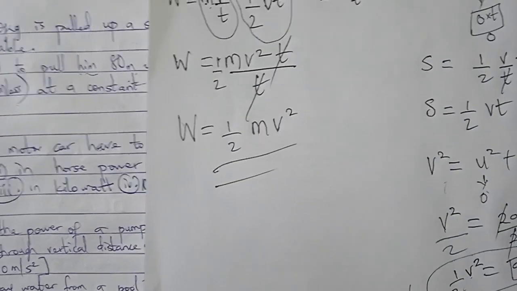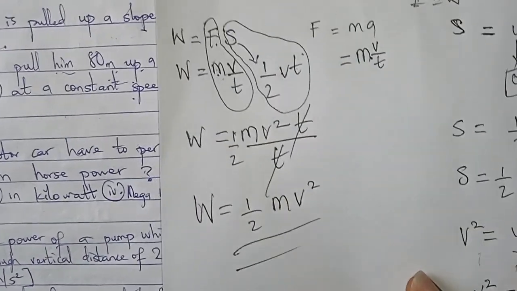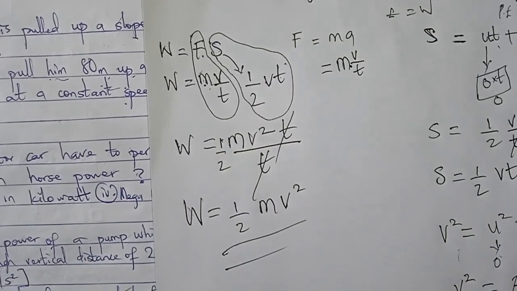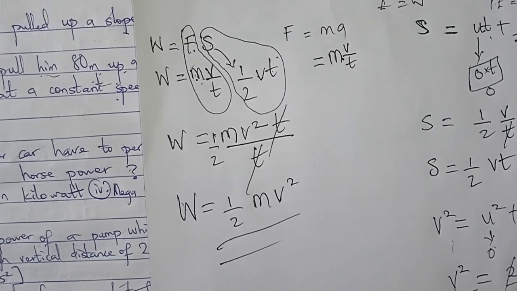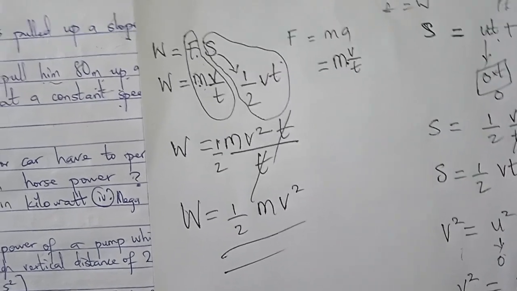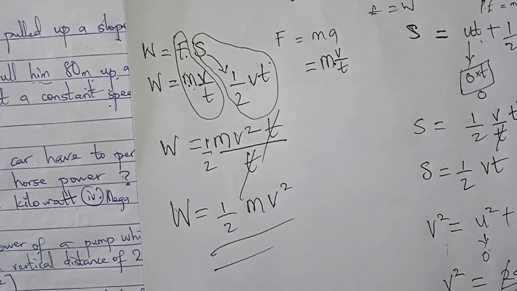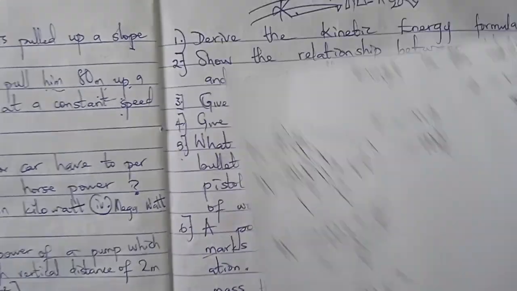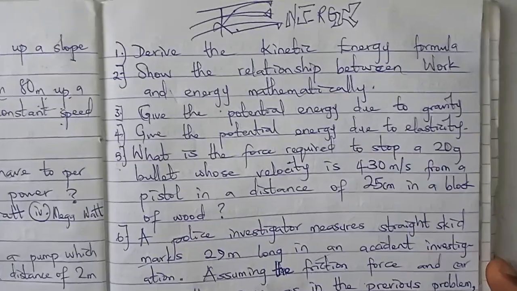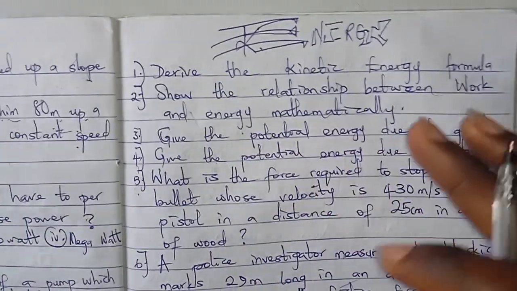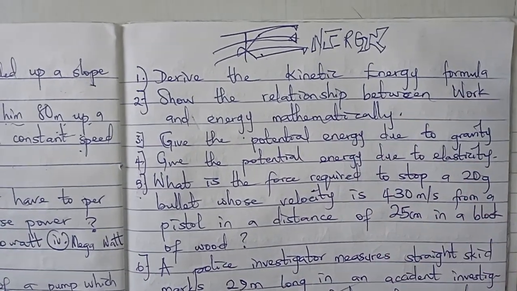Which means that when something is moving, the work done there is a result of the kinetic energy. When it's at rest, the work done there is called potential energy. It has the ability, the tendency to move. So the relationship between work and energy, that's what I've been able to draft and give you.